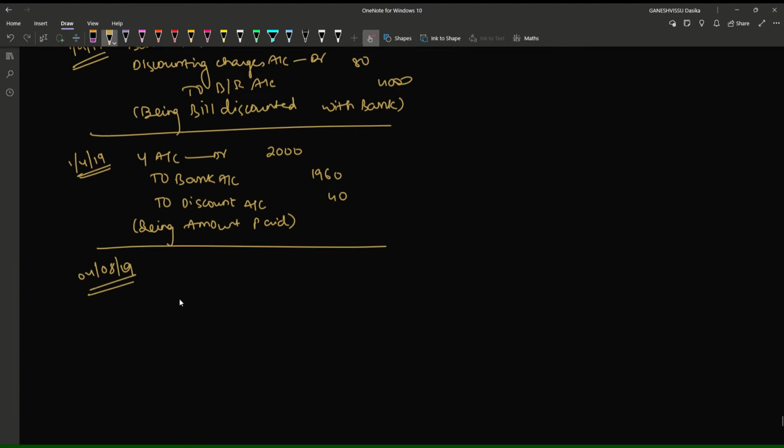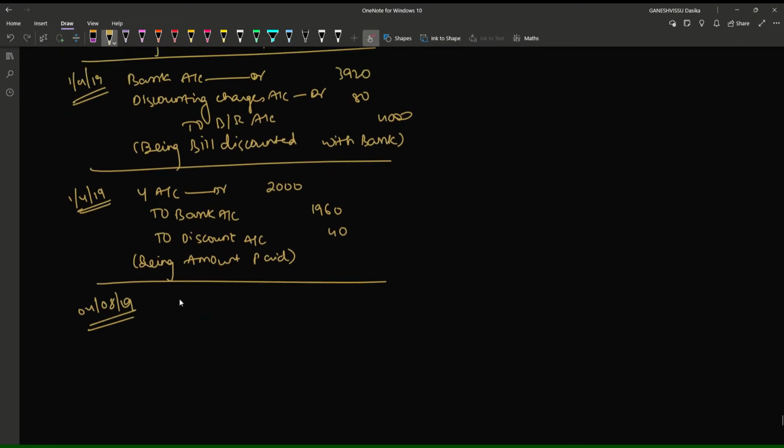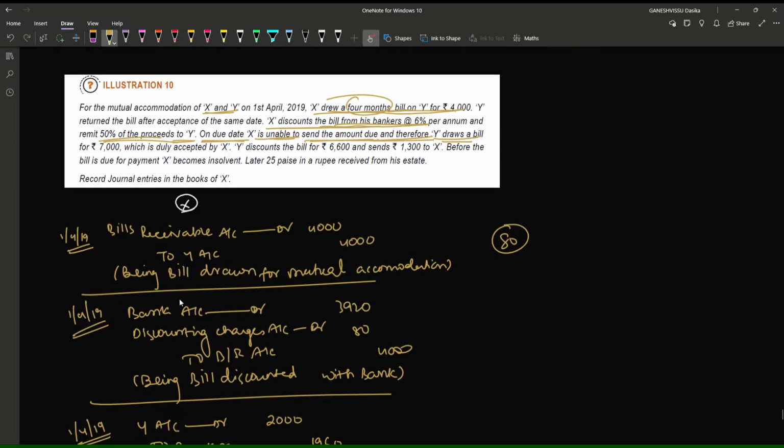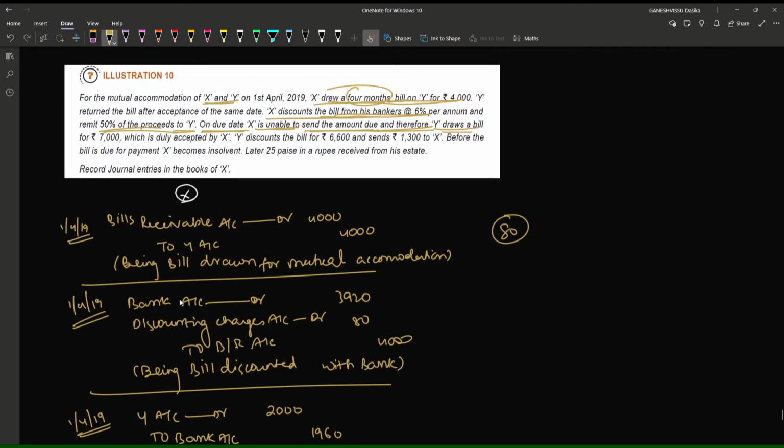Y has drawn a bill of exchange for rupees 7000.